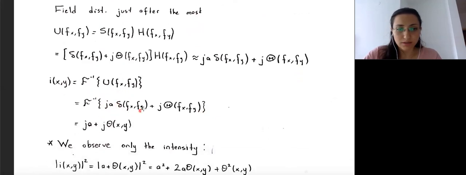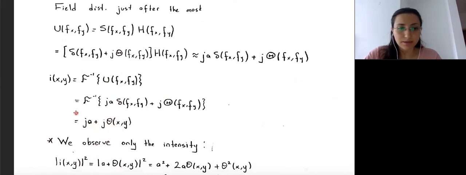Okay, the impulse is going to be equivalent to 1 in the space domain. So we're going to get j times a from the first term, and the inverse Fourier transform of this term is going to give us j times theta xy. So that's what we're going to get into our eyes.